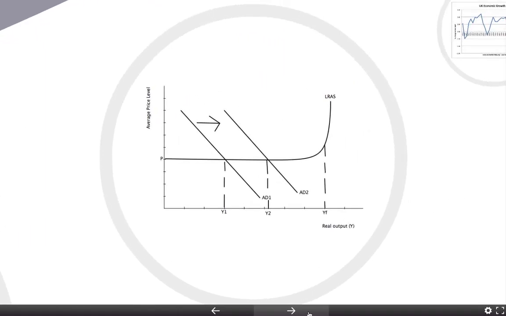For example, after the recession of 1991 to 92, we had a growth of 4% a year. This is evident in the diagram, where the demand is growing a lot, but price remains at the same level due to the spare capacity in the economy.